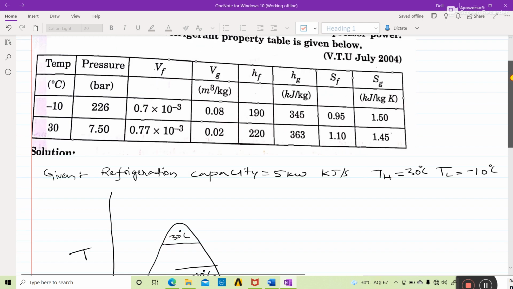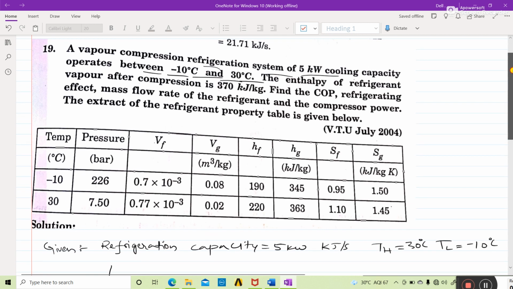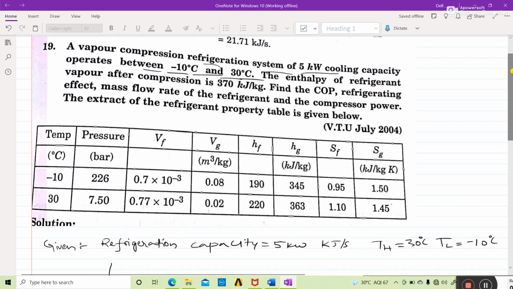Okay, next, the enthalpy of refrigerant after compression.